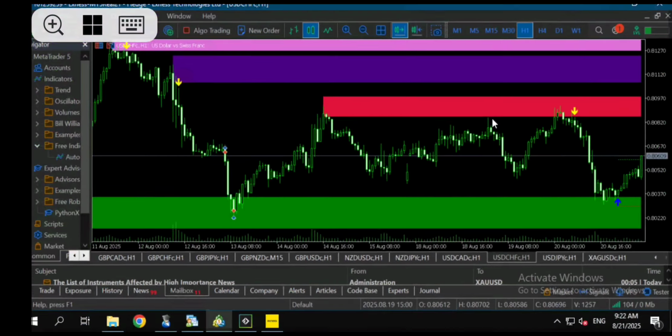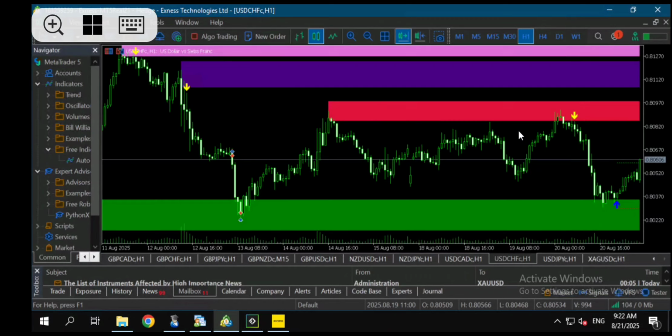So anyone that took the trade is in profit already. So the moment you get an arrow for buy, all you need to do is just take the EA to the pair and then enable buy only. So it will continue buying till you get to your TP. And the moment you are at your TP, just stop it from buying.